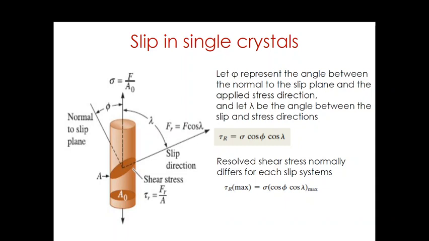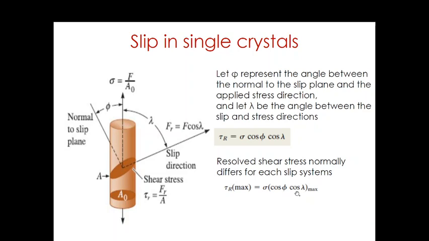However, slip will start on the most favorably oriented system, that is, the slip plane which has the largest value of shear stress. So we can write tau r maximum equals sigma cos phi cos lambda, that is maximum.